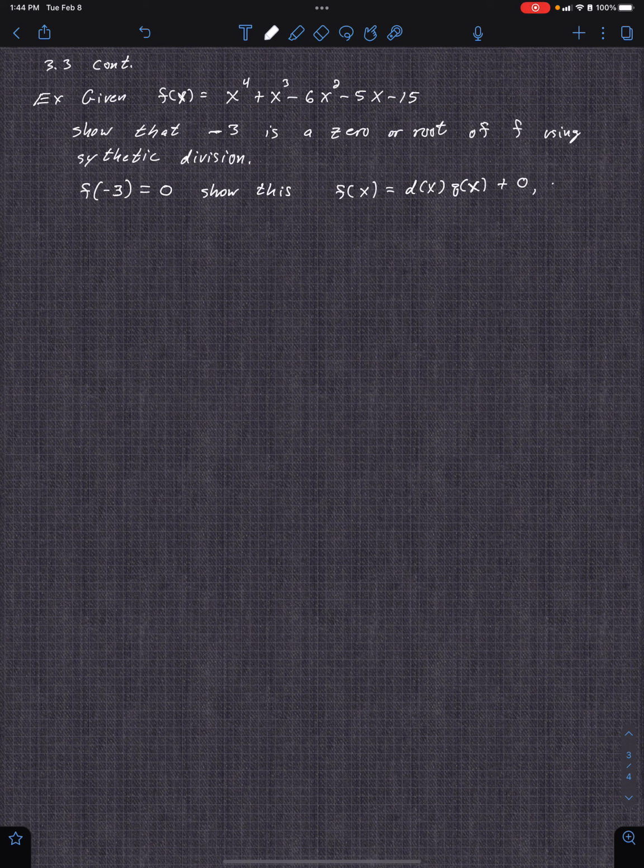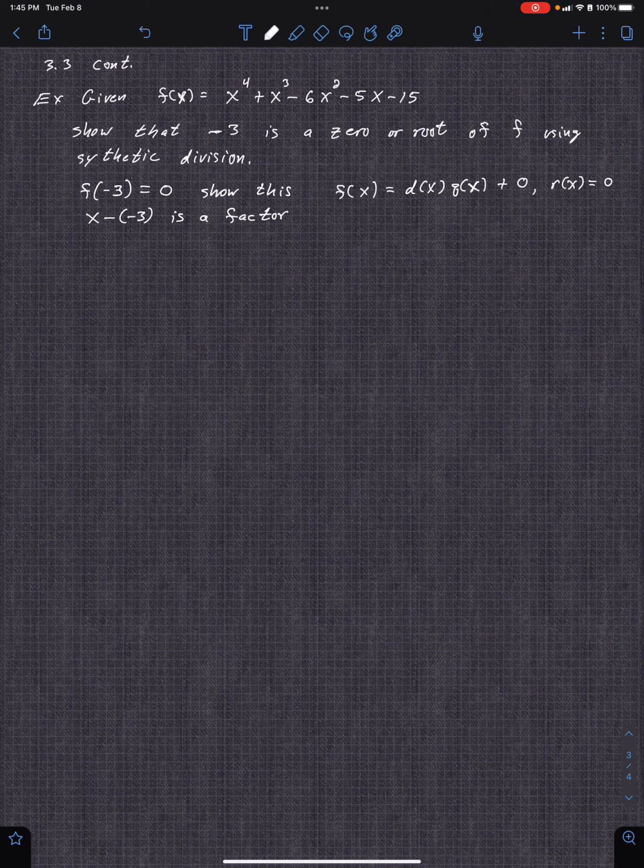In other words, r of x is equal to 0, which is exactly what we want to show. So the factor theorem says if f of negative 3 is equal to 0, then x minus the negative 3 is a factor, meaning that you get this factored form with no plus there. That's a 0.